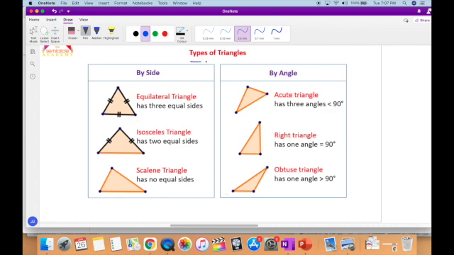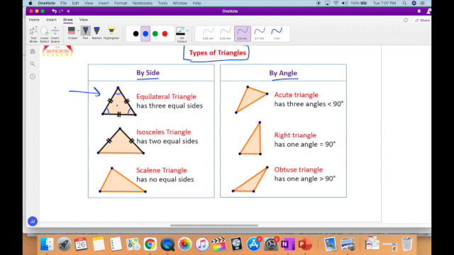So the types of triangles, we categorize them by the sides or by the angles. So we have the Equilateral Triangle, where all three sides are equal. If all three sides are equal, that means all three angles will be equal.